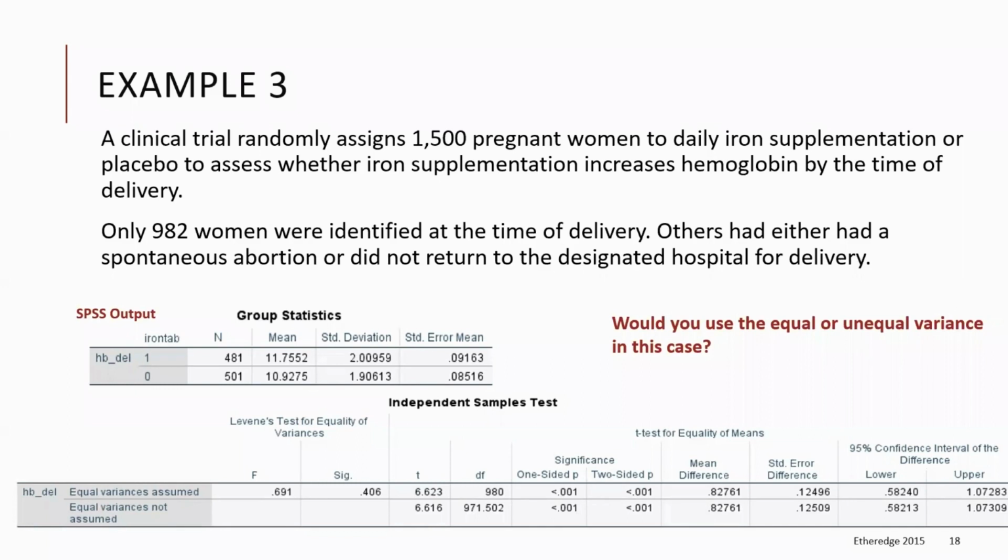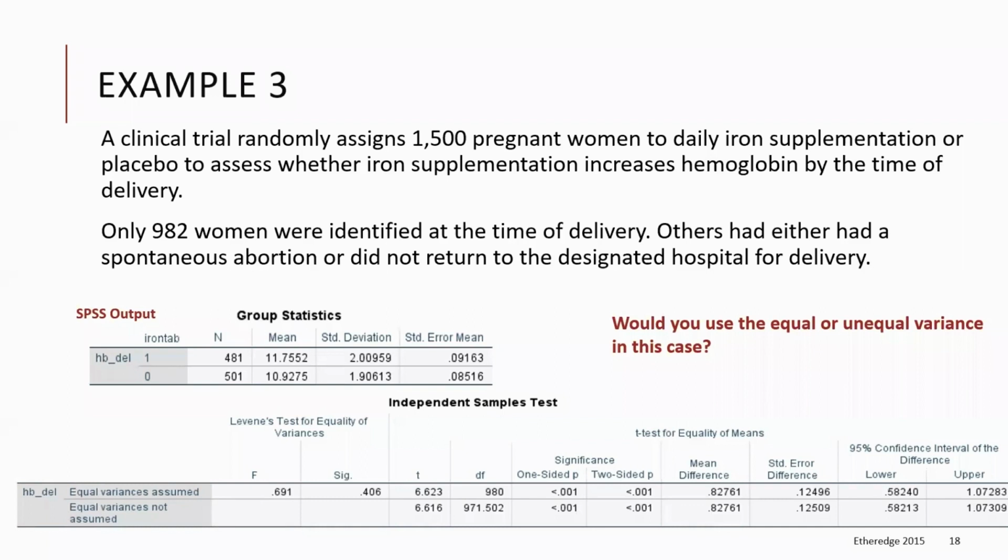Now, we are told that only 982 out of our initial population of 1,500 were identified at the time of delivery, and that the others either had a spontaneous abortion or did not return to the hospital so we could take measurements. We are provided with some outputs in front of us.